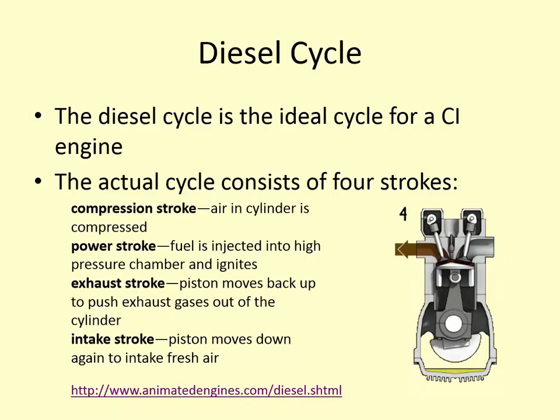So rather than having an intake of air and fuel, there's an intake of air, and then fuel is injected into the cylinder. So this power stroke, again, is every fourth stroke for the diesel cycle. And although diesel engines generally have better fuel economy and have more power per stroke because you can go to a higher compression ratio, their emissions sometimes are worse.